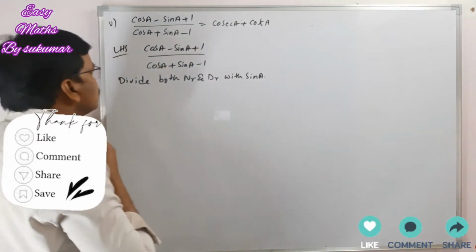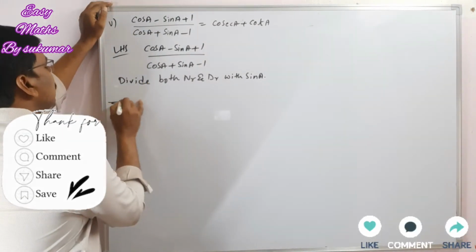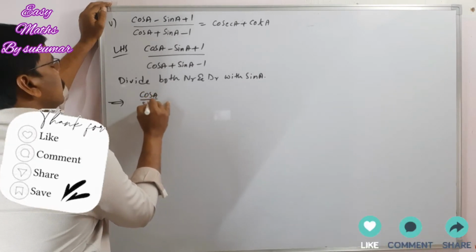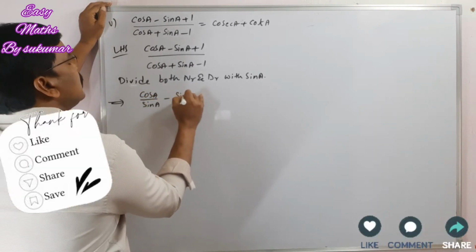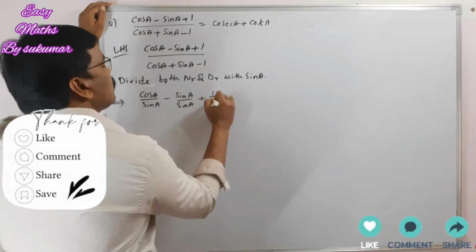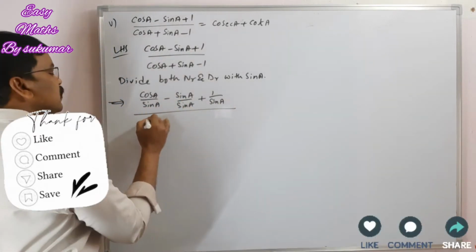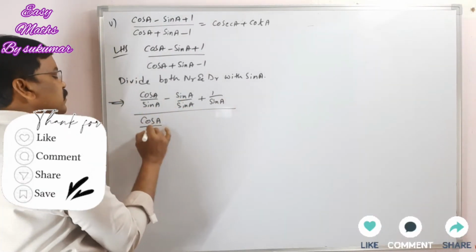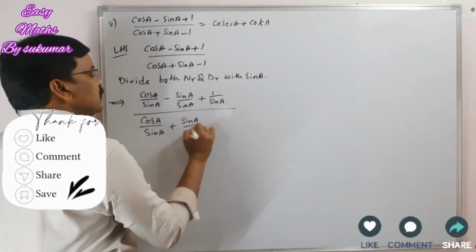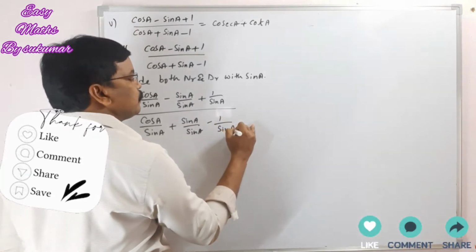Here, my dear students, just divide both numerator and denominator with sin A. Then it implies cos A by sin A minus sin A by sin A plus 1 by sin A whole by here cos A by sin A plus sin A by sin A, that is minus 1 by sin A.